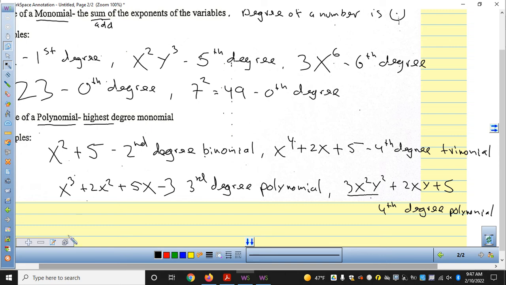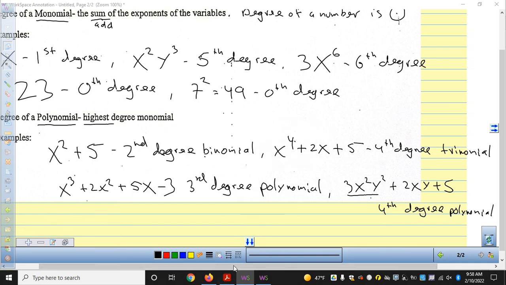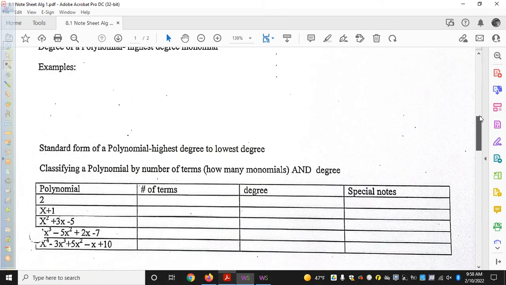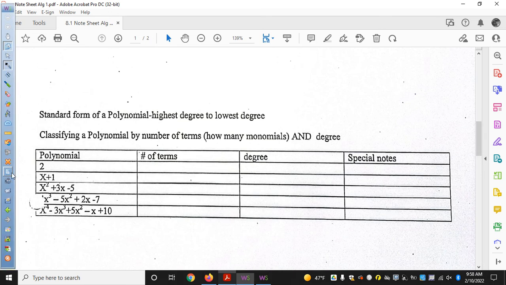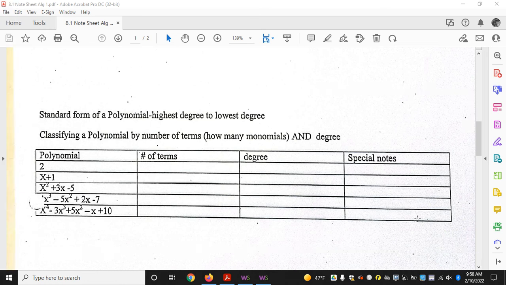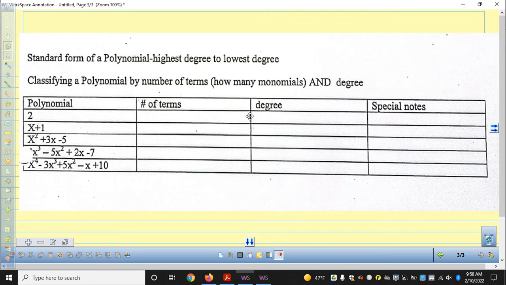All right, so let's look at that chart that's below there. So here we have several examples. The first thing it says up here is the standard form of a polynomial is that we always write it in order from highest degree to lowest degree monomial.